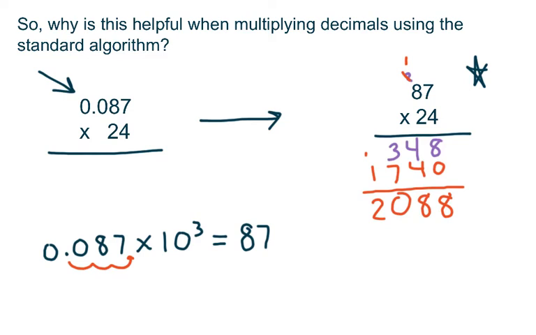So if I multiply 87 thousandths times 10 to the power of 3 to get my 3 place value shifts, I'll end up with the whole number product 87. So for 87 thousandths times 24, it's actually much simpler to multiply 87 by 24. And I get this 4-digit answer, 2088.